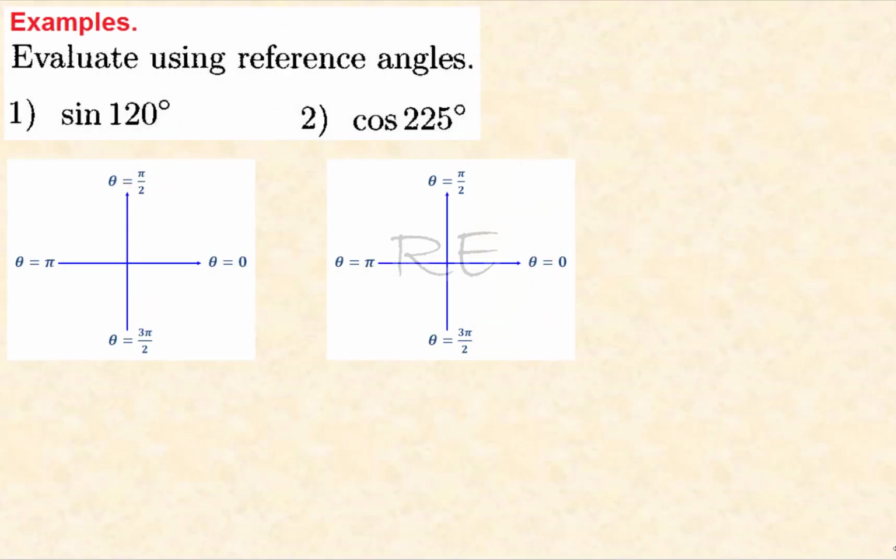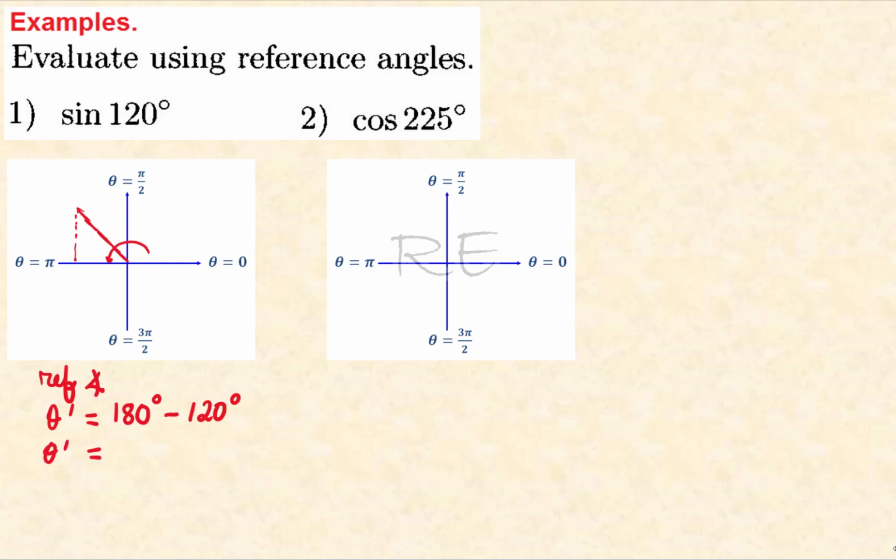We're going to use reference angles to evaluate sine 120 degrees. Sine 120 degrees is located in the second quadrant. So the reference angle will be theta prime is equal to 180 degrees minus 120. So theta prime is equal to 60 degrees.